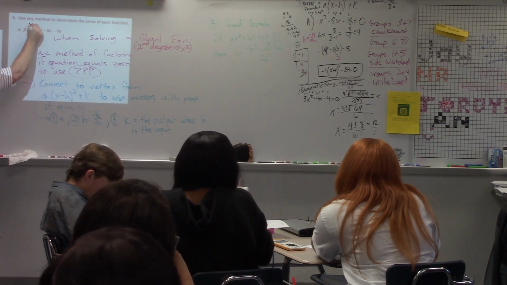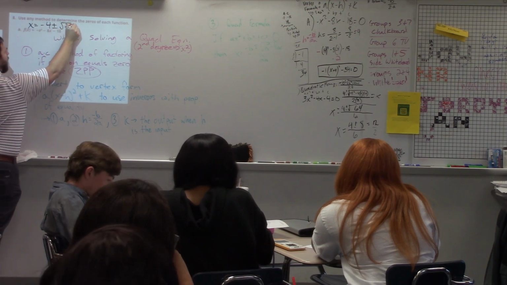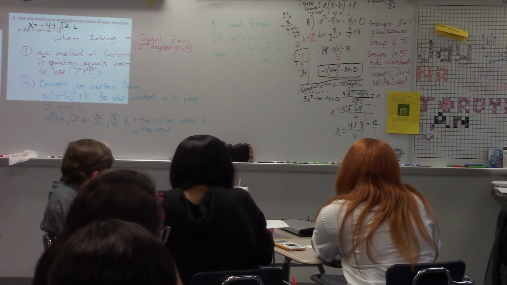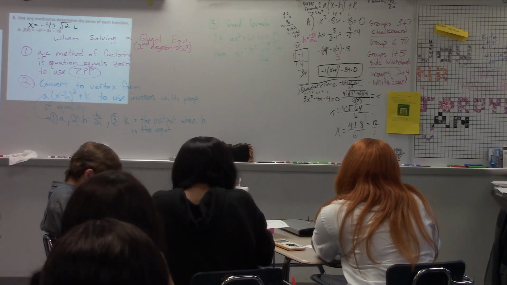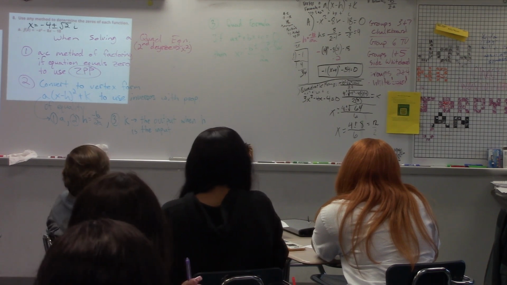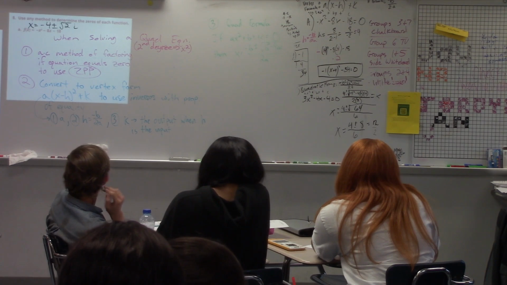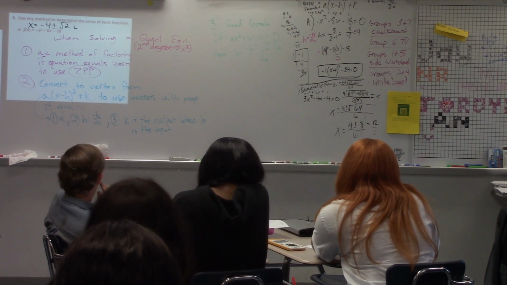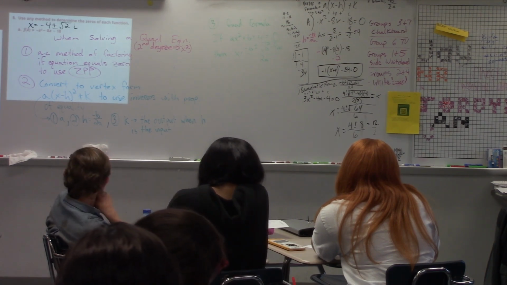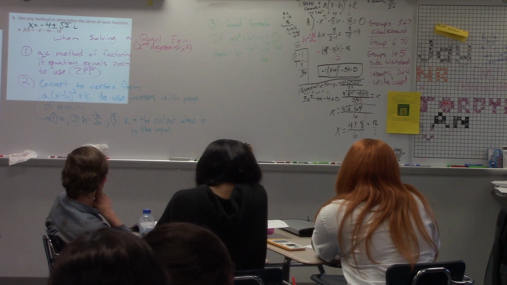So for A, x equals negative 4 plus or minus the square root of 2i. Make sure your i is outside of that square root. For the next one, I think it was the square root of negative 20 here? That's right.